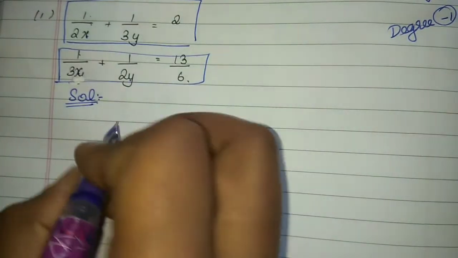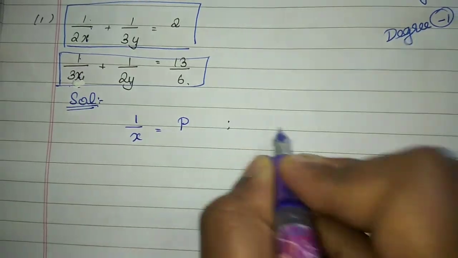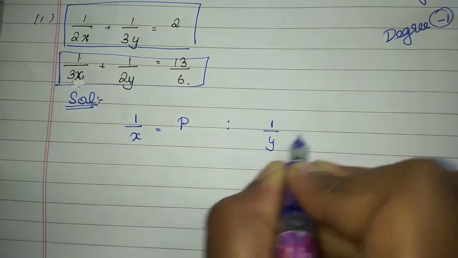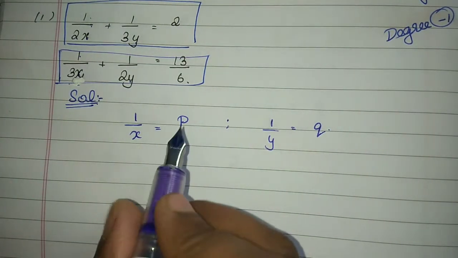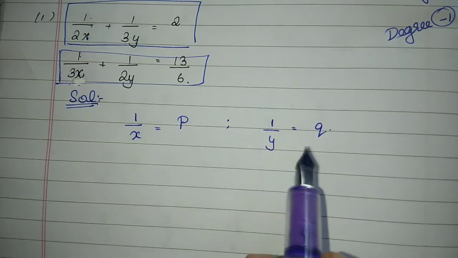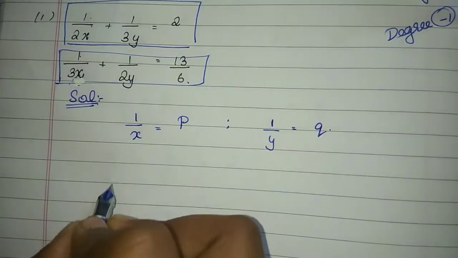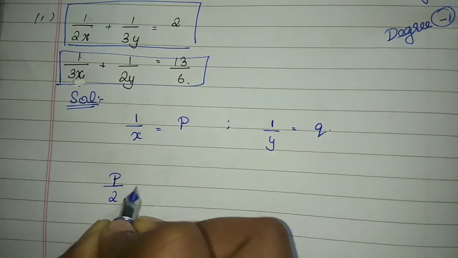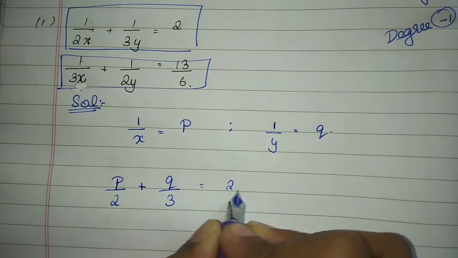You can take any variable. Now I'm going to take 1 by x as p and 1 by y is equal to q. Now I will substitute the value of 1 by x as p and 1 by y as q. So my first given equation will become p by 2 plus q by 3 is equal to 2.